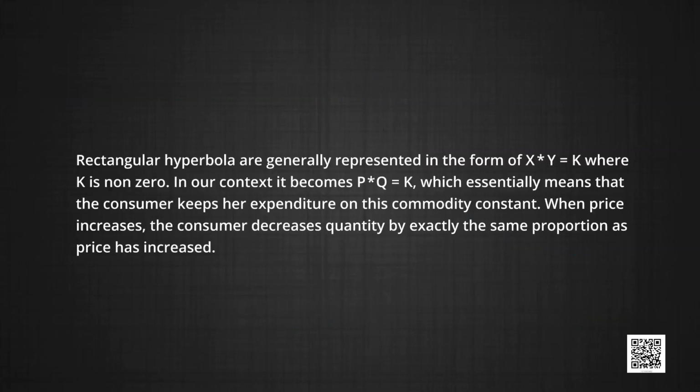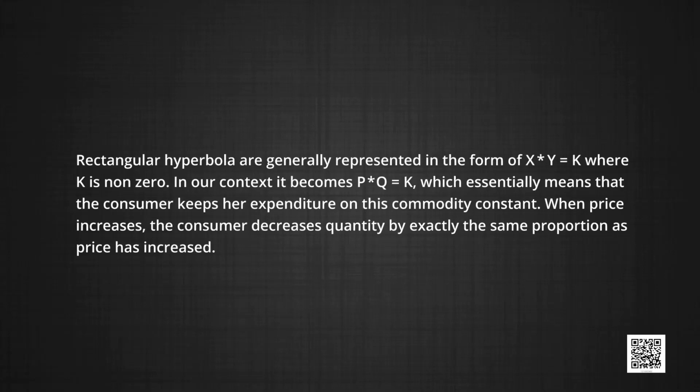A rectangular hyperbola is generally represented in the form of x into y equals k, where k is a non-zero constant. In our case, this becomes P into Q equals K, where K is the expenditure by any consumer on any commodity.